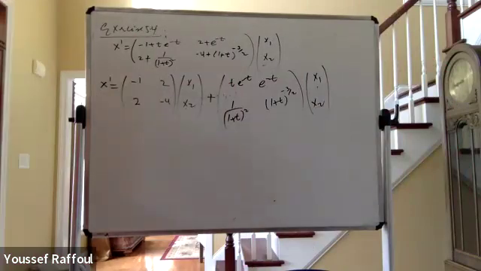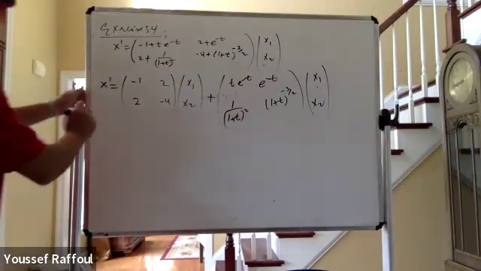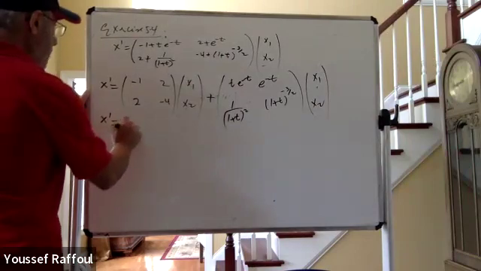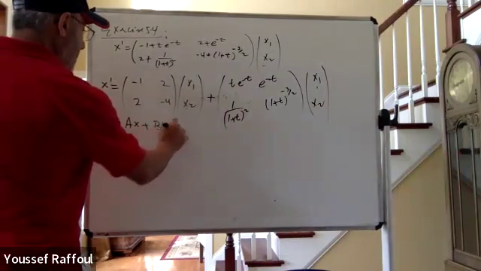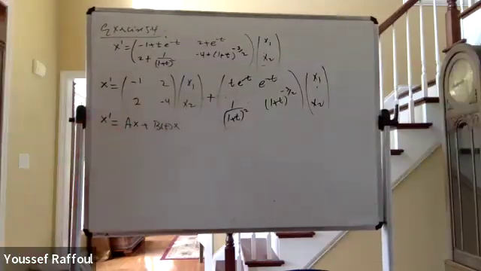All right. So you can prove a theorem. So let's take x prime equal Ax plus B(t)x. So let's prove a theorem.